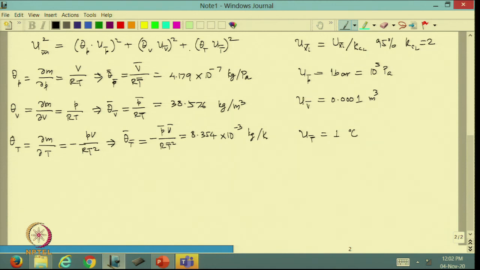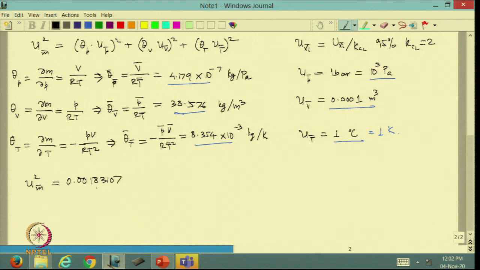Now, you put all these values in this, we have all the thetas which are given here. So, this value goes with this, and this with this. Now, you can even say this is 1 Kelvin. We put it in this relation, do the whole calculation, and the final answer is that u m square is 0.00183107.